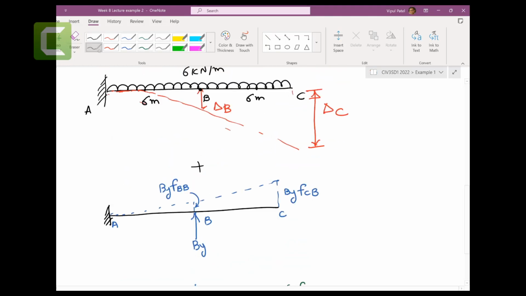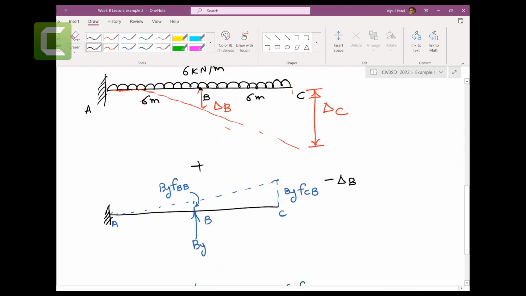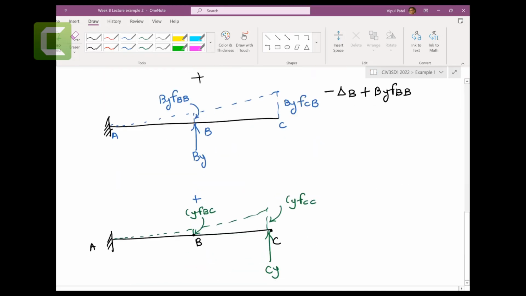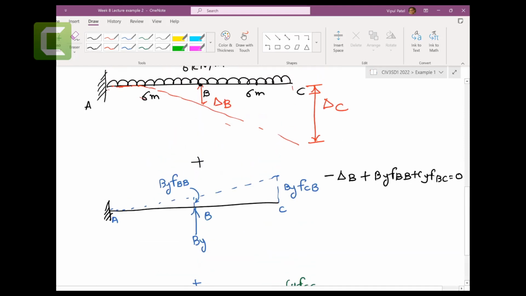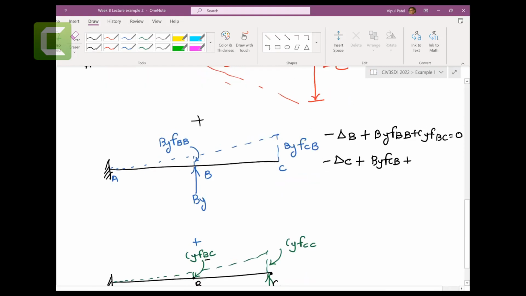Now the compatibility conditions become delta B, which is down, minus, plus this one up, BY FBB and CY FBC equal to 0. I hope you understand that. Compatibility condition here at C: delta C minus delta C plus BY FCB plus CY FCC equal to 0.